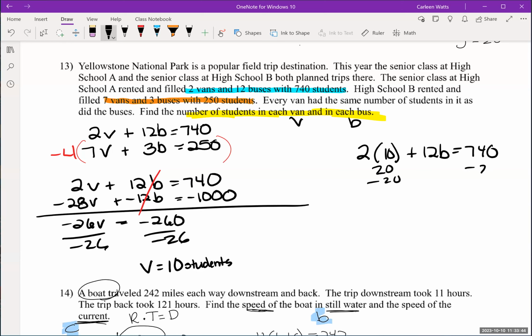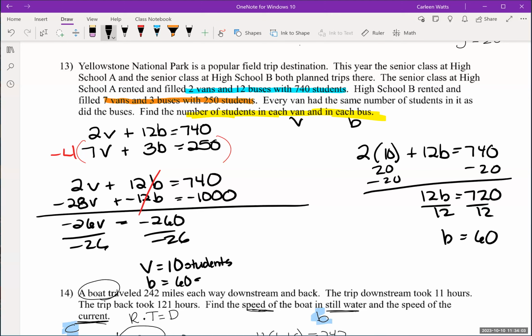Subtract 20, little shortcut there. 12B is 720. Divide by 12. B is equal to 60. So a bus holds 60 students. Not too bad. Pretty friendly word problem.